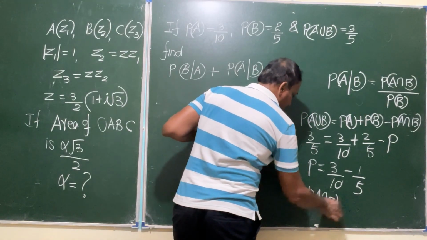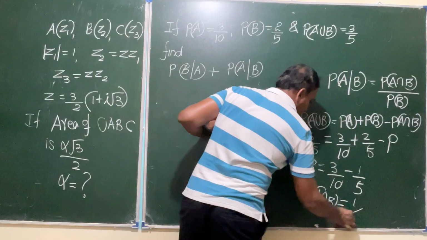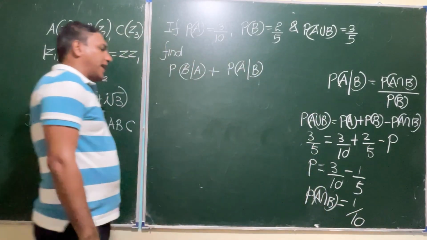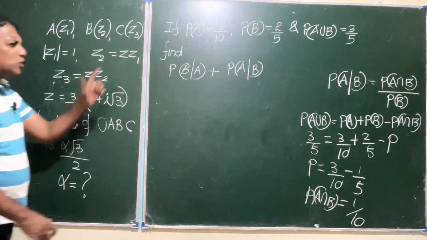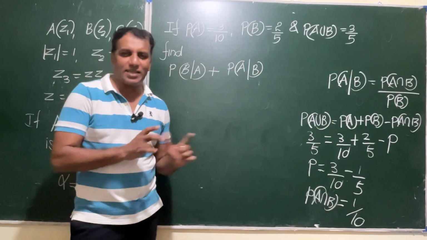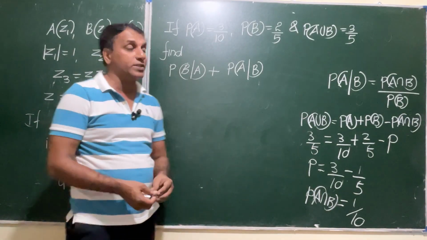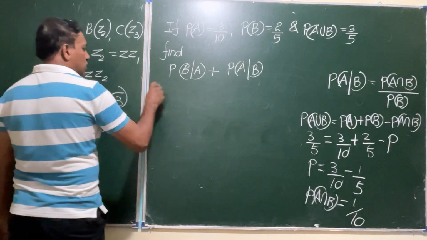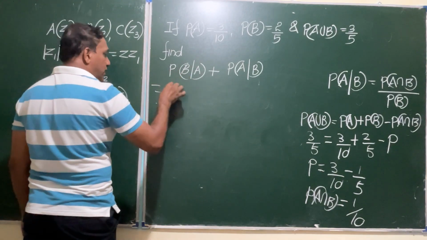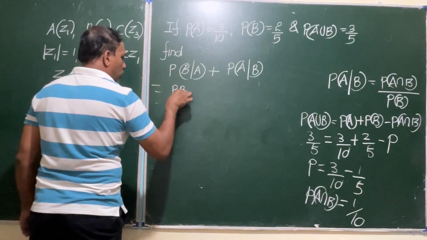Let me call that P. Simplifying, P equals 3/10 plus 2/5 minus 3/5, which is 1/10. So the probability of A intersect B is 1/10. This is a basic question, more suited for a structured paper, and anyhow this problem is available in future exam papers. Okay, write this relation. What is the probability of B given A? The formula is the probability of A intersect B over the probability of A.